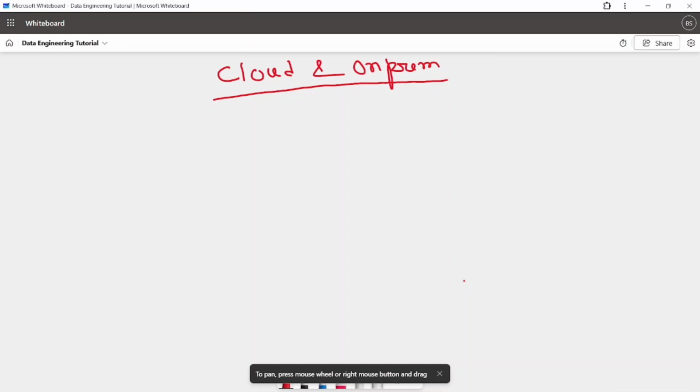So guys, what is on-prem? Now you will see here I have written on top the cloud and on-prem. On-prem means on-premises, meaning the company owns and manages all the hardware and software in its own office or data center.